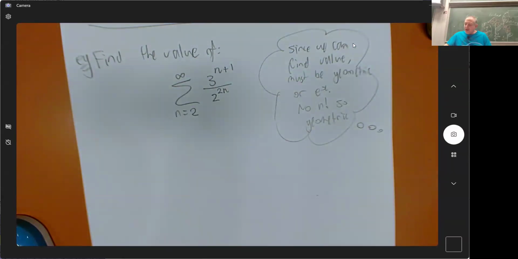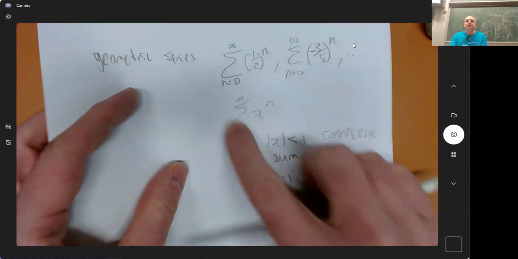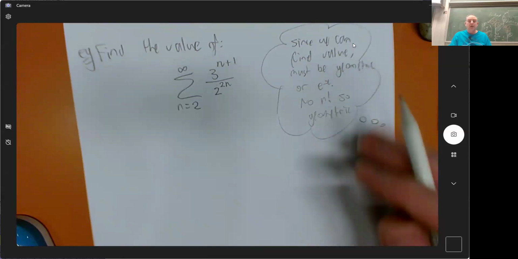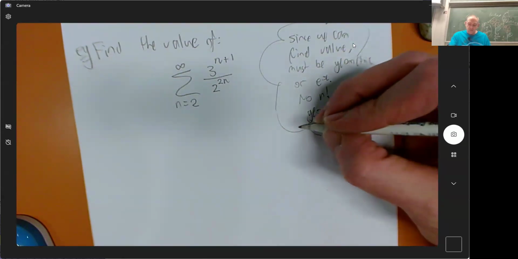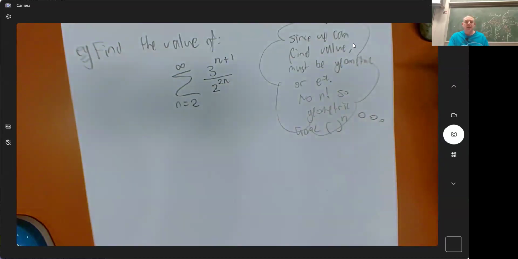And the only way to find the value is to write it like this. It has to be written as a single thing to the power of n. That's what we need to do. Okay, so that's our goal: something to the power of n.